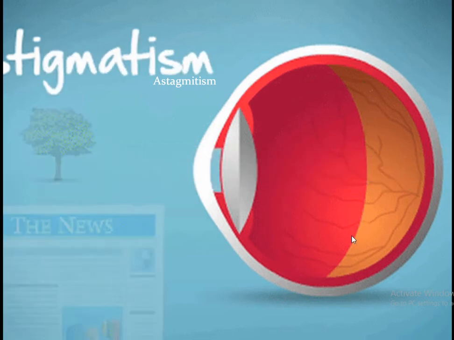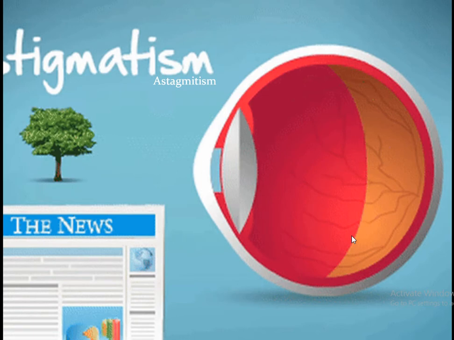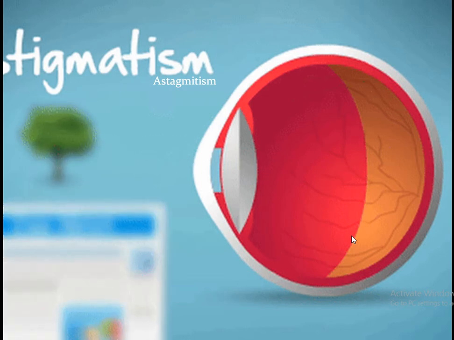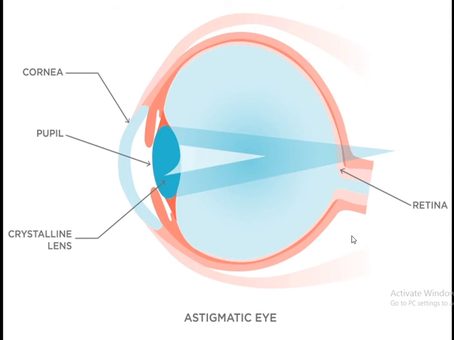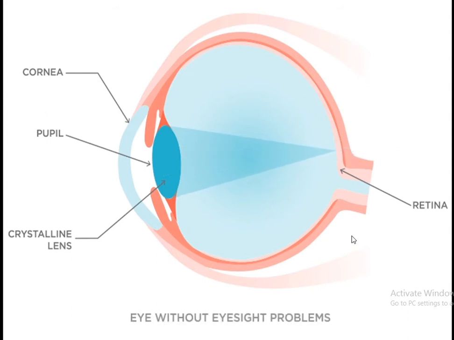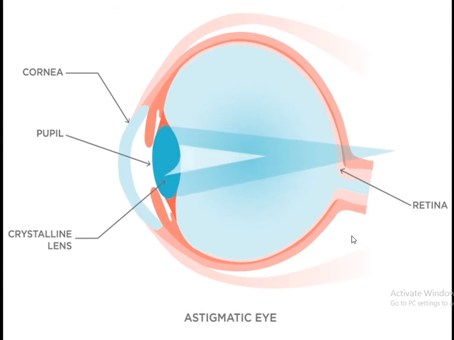The correction is another type of lenses, which are called cylindrical lenses. This is the picture to show the difference between the normal eye image and the astigmatic eye.